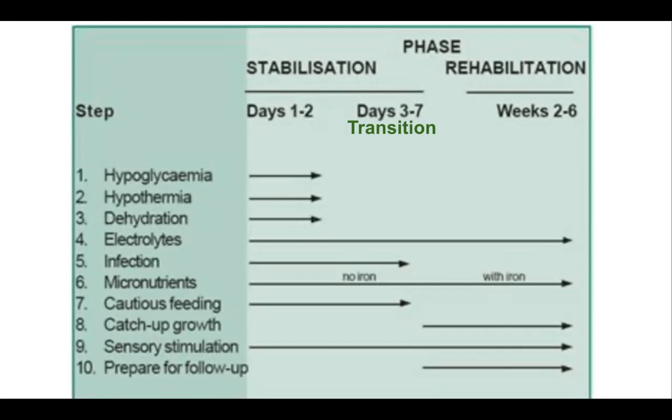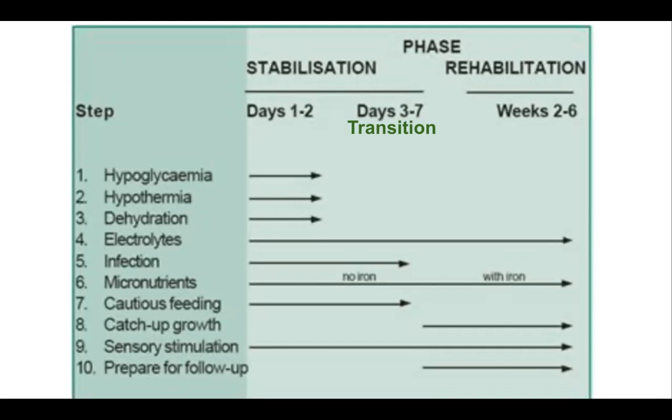So after the first 2 days of the stabilization, after that is what we call transition phase. It's day 3 to day 7. And then after that, starting from second week, is what we call rehabilitation phase.